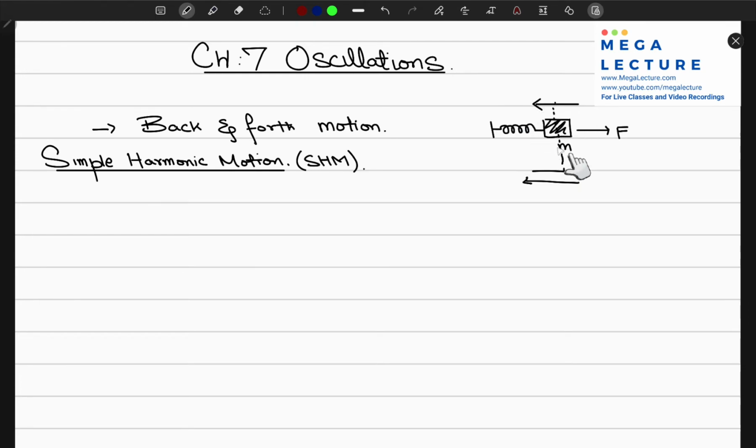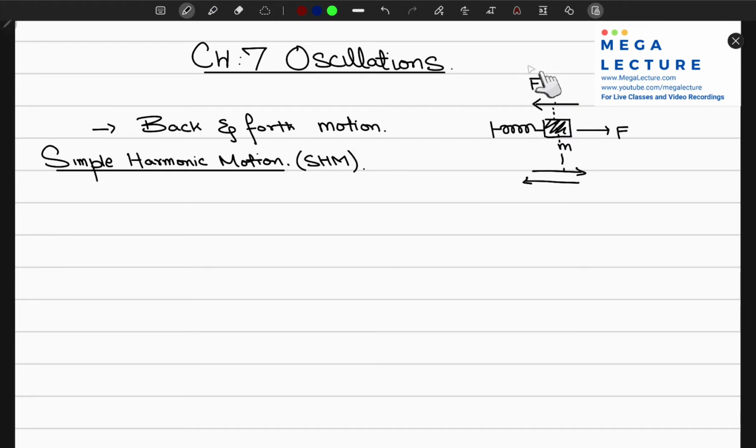Mean position is the position where this block is resting at the moment. So this force, which is going to pull the block backwards towards its mean position, is called restoring force.